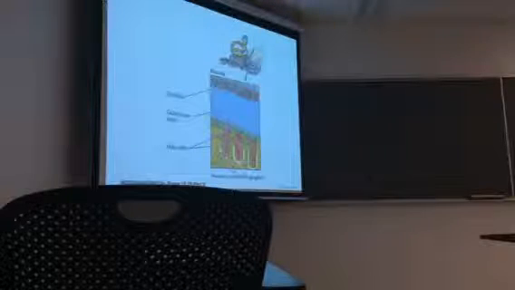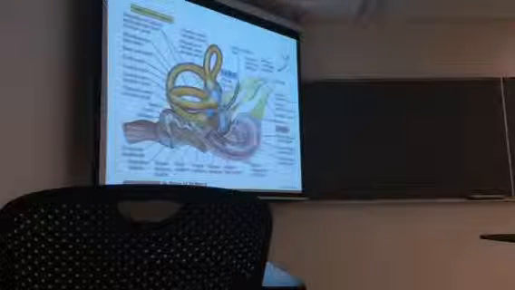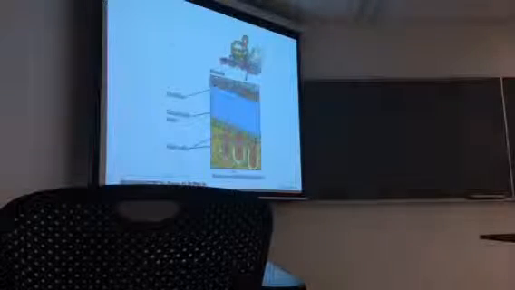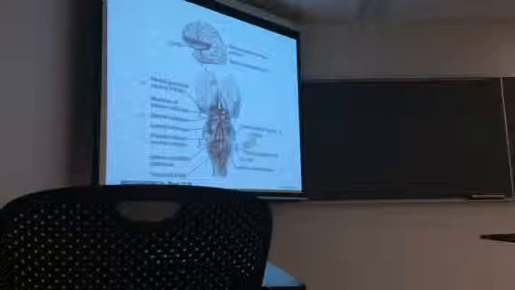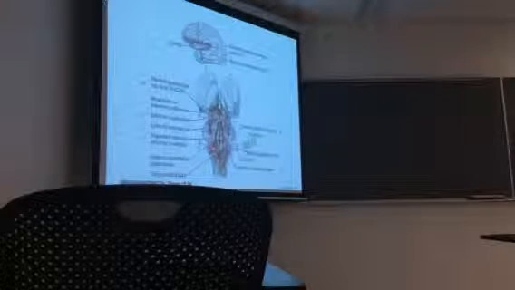So we've got the hair cells in the macula here. We've got the hair cells in the ampulla. We've got the hair cells in the spiral organ. So you have three sets of hair cells. The relationship with the brainstem and the fiber tracts coming in is also important. I believe I said you should be able to follow these fibers through. So please don't forget that.